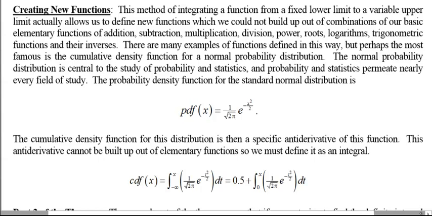The cumulative distribution function is a specific antiderivative of this function. And this particular antiderivative cannot be built up out of elementary functions. So there's no way to get the antiderivative without using some kind of integral.